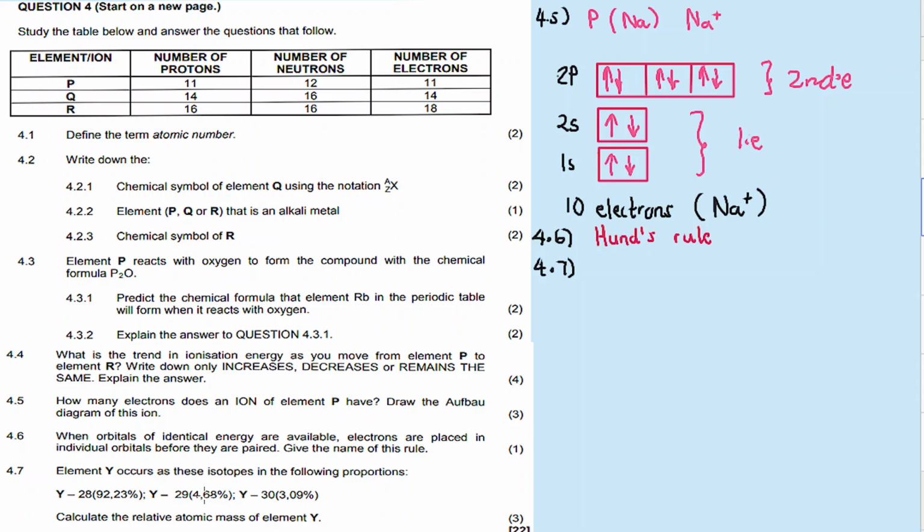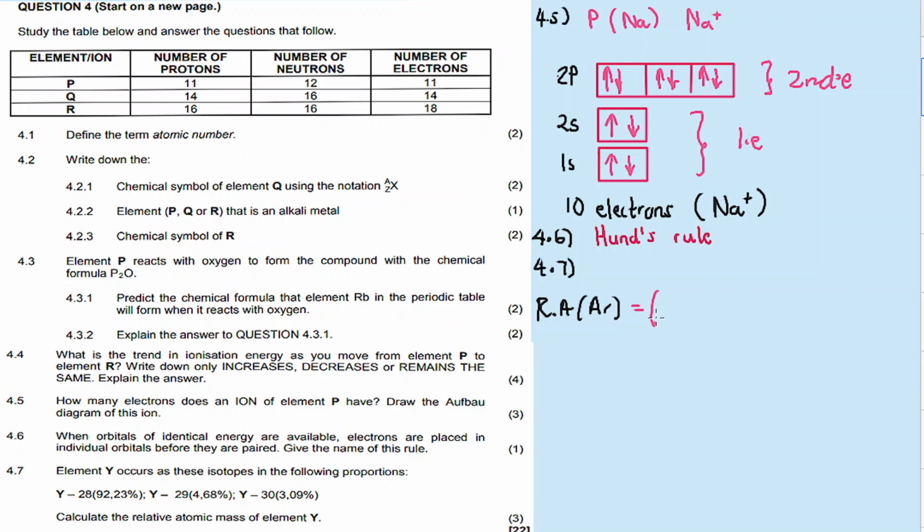Another isotope has 29 neutrons, 4.68%, and then an isotope with 30 neutrons has its own percentage. Now calculate the relative atomic mass of element Y. The relative atomic mass, okay, the calculation is very simple.